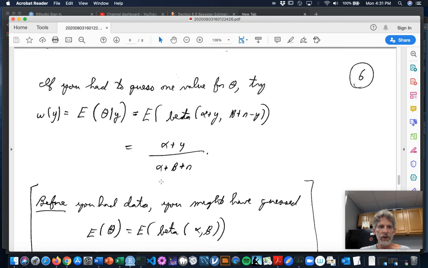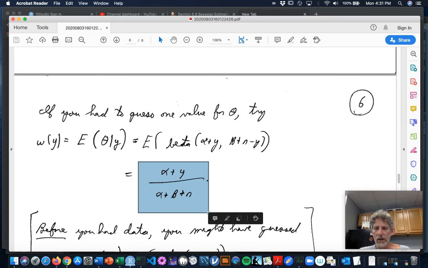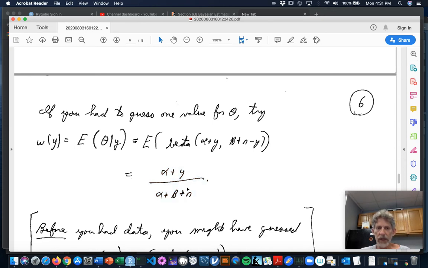But afterwards, your best guess would be based on the posterior. What's the mean of the posterior distribution for the theta? Well, it would be alpha plus y over alpha plus beta plus n, which is pretty simple. You just add on the hits to y and add on the total number of tries to the alpha plus beta. Hits on top, total tries on the bottom. And boom, you get this new fraction represents your new best single point estimate of her theta value.